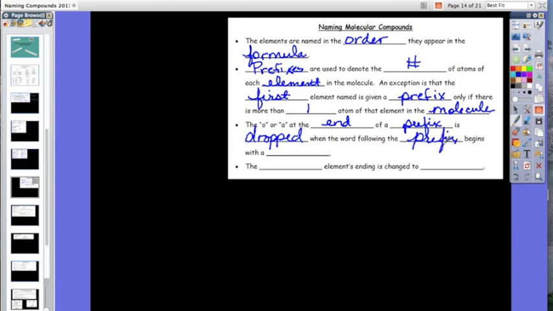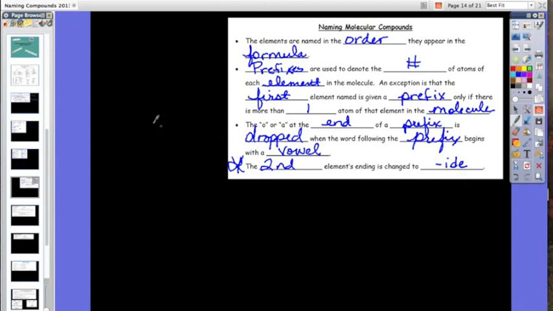So oxygen starts with an O, so we would drop off the O or the A. And then the second, this is really, really important. Your second element, the ending is always changed to IDE. So if your last element is oxygen, you would write oxide. If it was nitrogen, you would write nitride. Phosphorus, you would write phosphide.